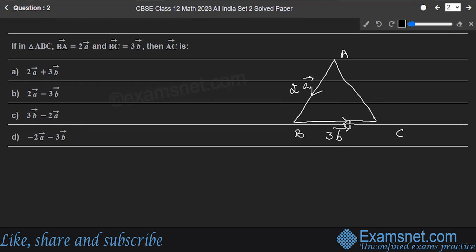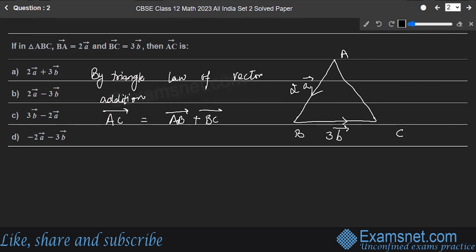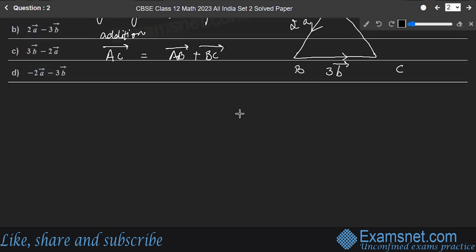Okay. Now by the triangle law of vector addition, AC vector is equal to AB vector plus BC vector.